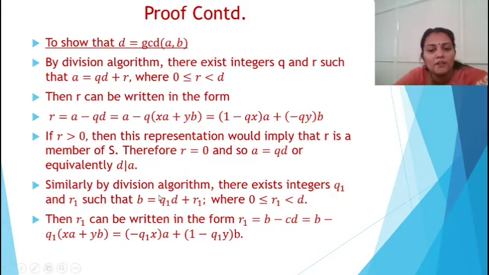Similarly, by the division algorithm, there exist integers q1 and r1 such that b is equal to q1d plus r1, where 0 is less than or equal to r1 less than d.